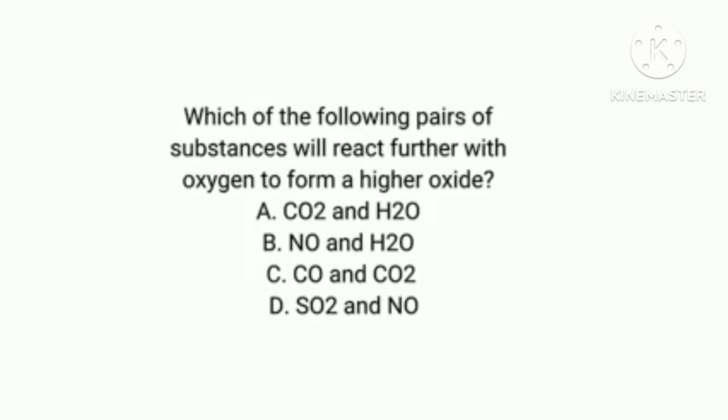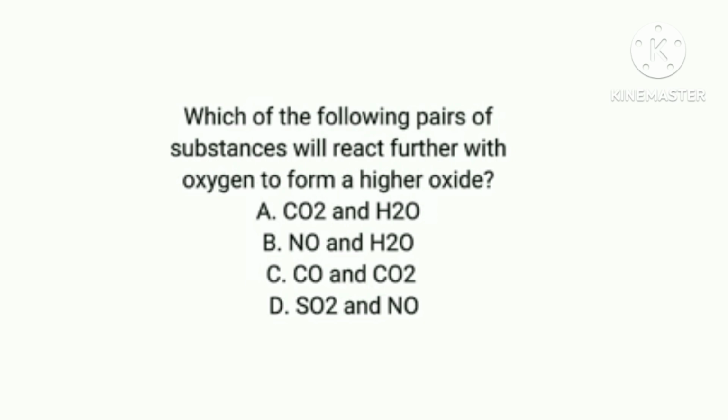Same thing with sulfur 4 oxide, SO2, will react further with oxygen to give us a higher oxide, which is SO3. So from all the options so far, we've seen that there are only 3 compounds out of all the compounds given to us that will react further with oxygen to give us a higher oxide. And those 3 compounds are carbon 2 oxide, nitrogen 2 oxide, and sulfur 4 oxide.